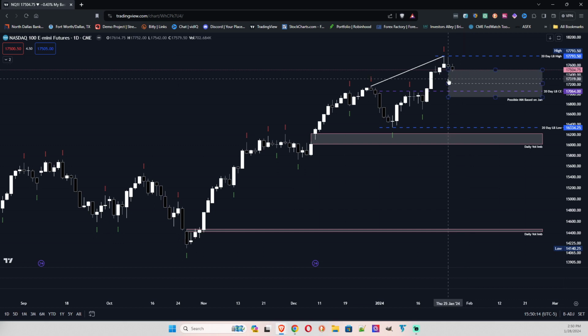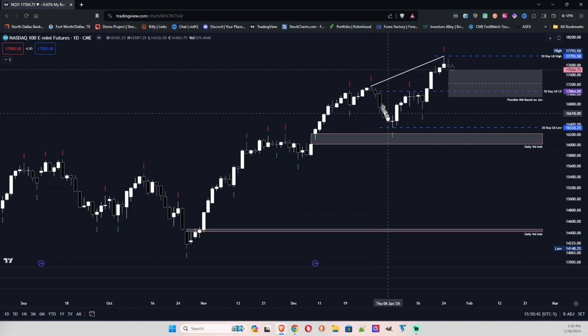Okay, this rectangle here I put on here myself. I don't think ICT teaches this, but Al Brooks, who I also learned from, teaches measured moves. This gray box reflects a measured move based on the January downtrend we had.